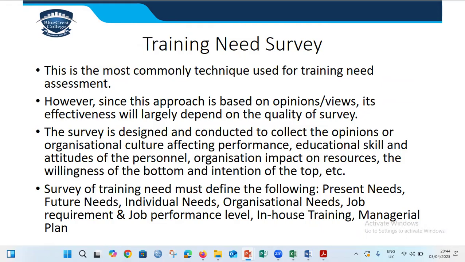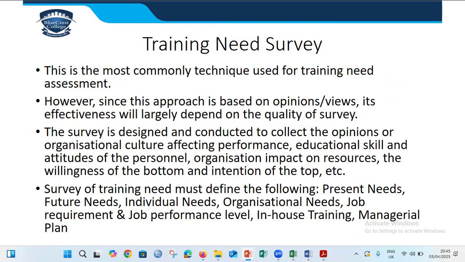You also look at the organization's impact on resources, the willingness of the bottom, and the intentions of the top. Simply put, you put together a questionnaire that will help you identify gaps in what an employee is currently doing and what you expect from them.